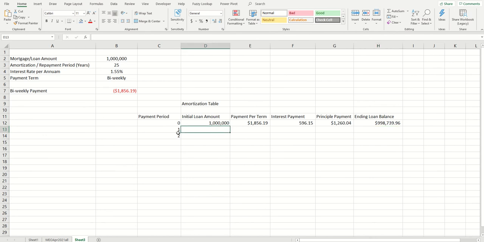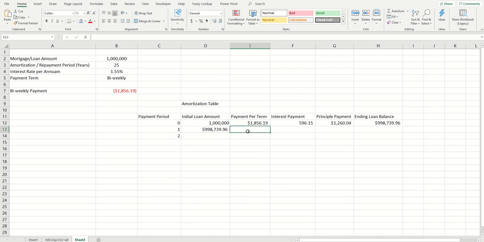So for the next bi-weekly period, your initial loan balance will be the loan balance from the previous period. So how you do it is equal, and then click on the ending balance from the previous period. That's your initial loan amount for the next period.